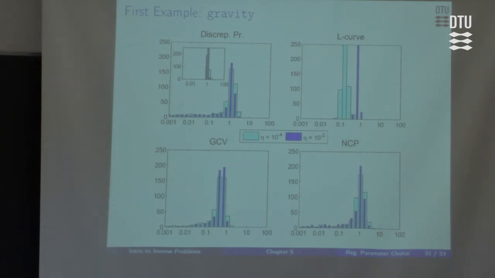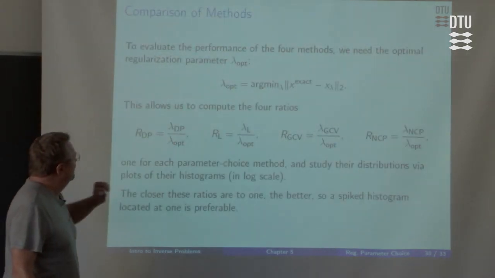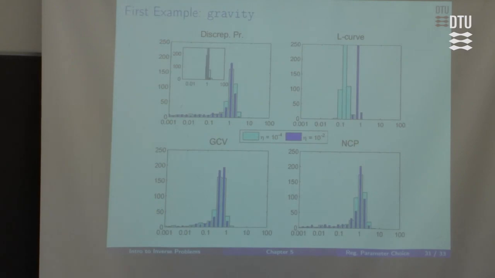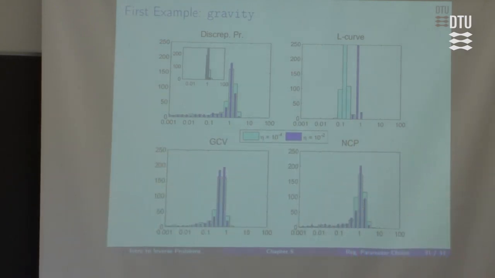So here's one example, and I'm showing histograms of these ratios between the parameter chosen by the particular method and the optimal one. And of course, ideally all of them should be equal to 1, because that means in every experiment you've just found the right regularization parameter. And then these histograms tell us what's really going on.